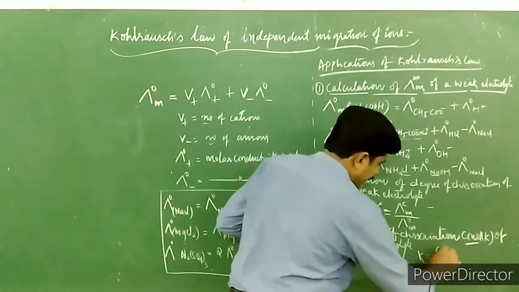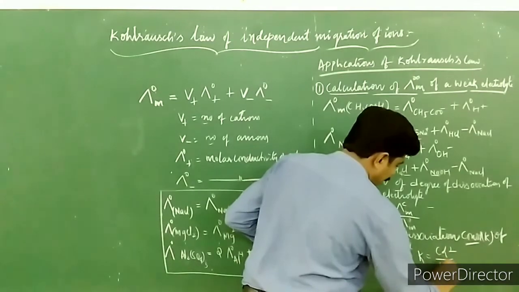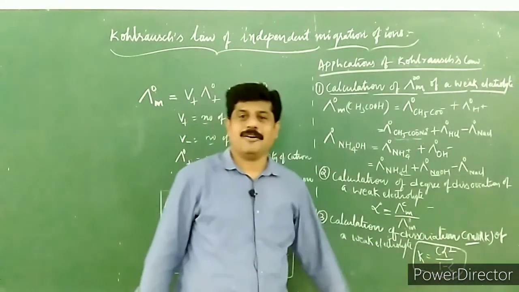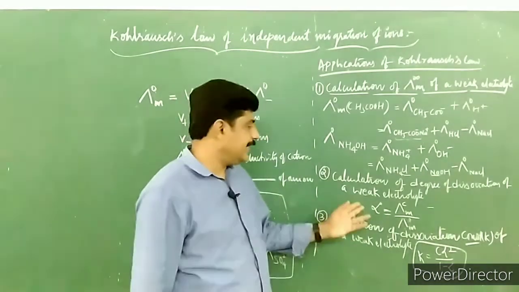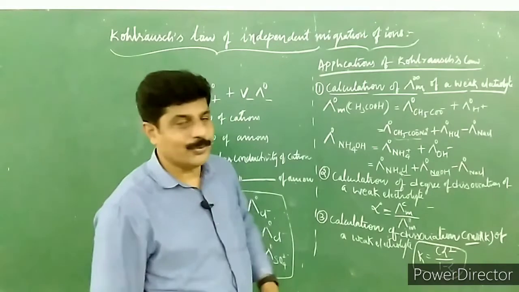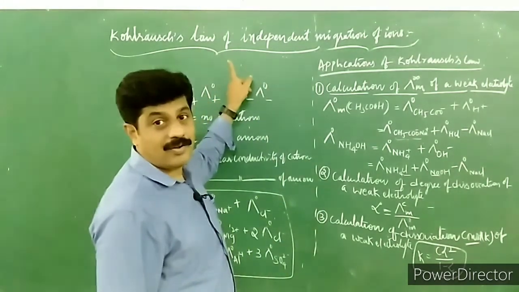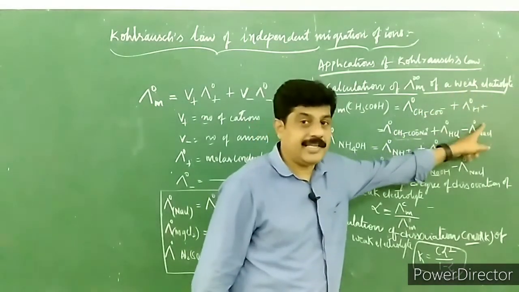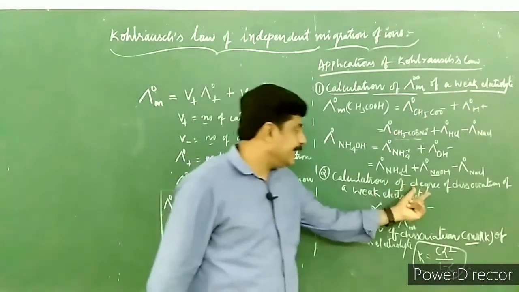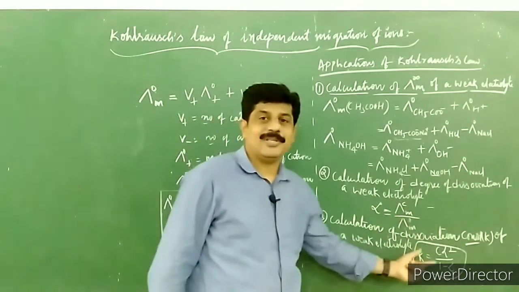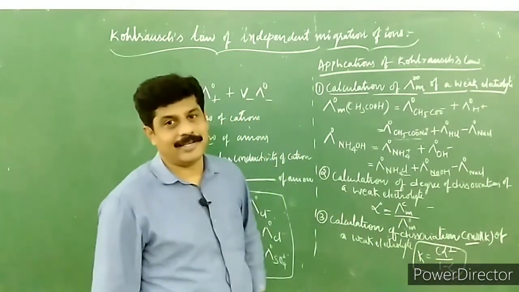K is equal to C alpha square upon 1 minus alpha, where C is the concentration, and alpha, you know, is the degree of dissociation. In this way we can use Kohlrausch law for finding the limiting molar conductivity of a weak electrolyte, the degree of dissociation of a weak electrolyte, and the dissociation constant of a weak electrolyte.